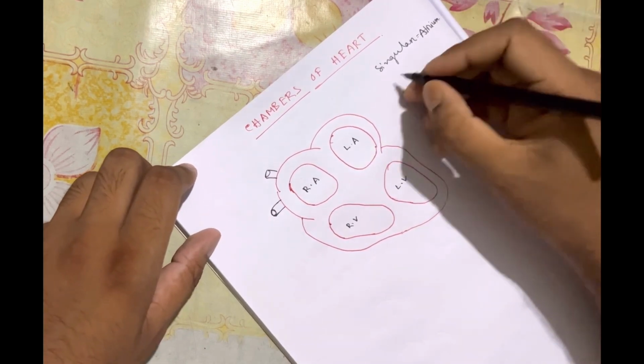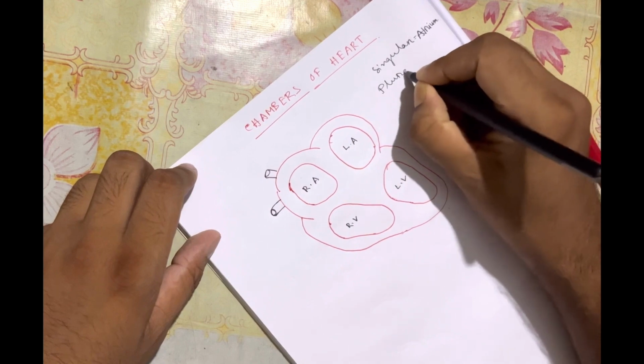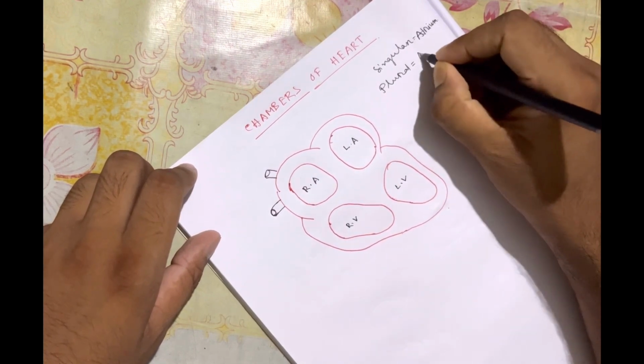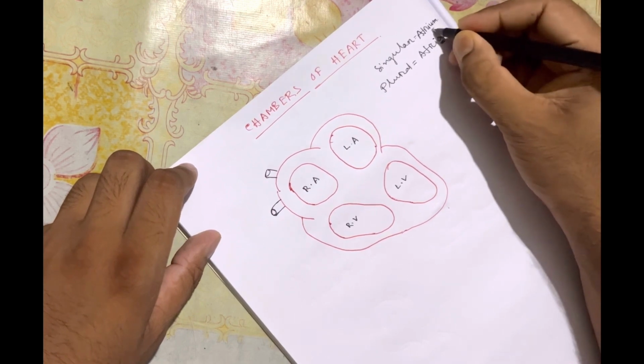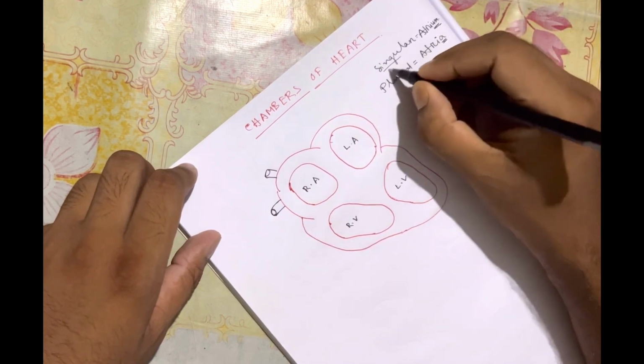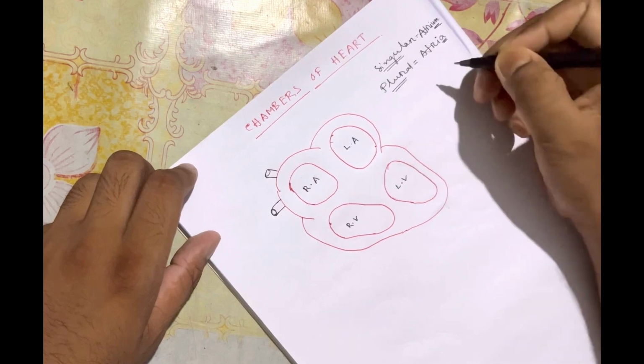Singular, it is called the atrium, and if we go to the plural form, then it is called the atria. Atrium is singular and atria is the plural form.